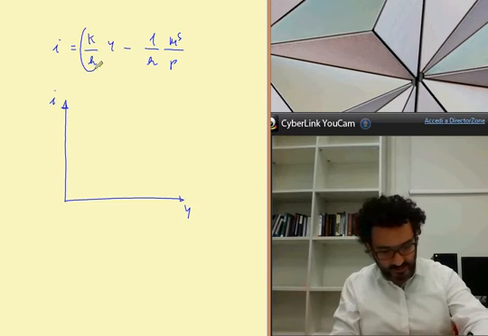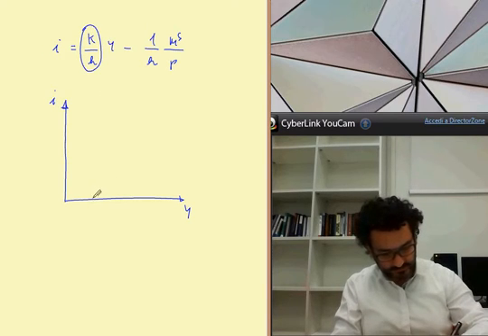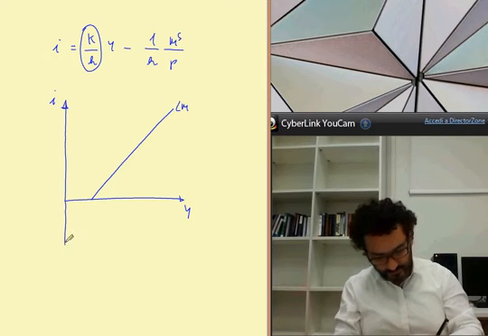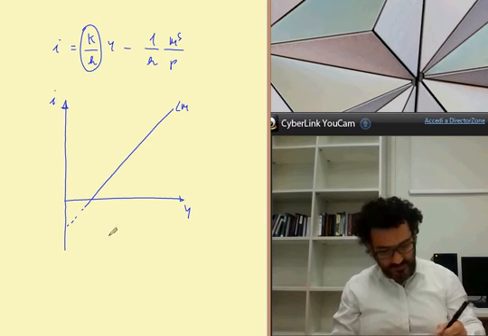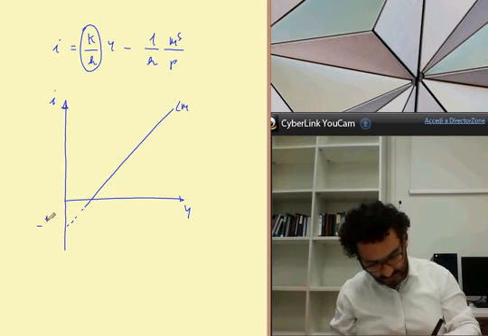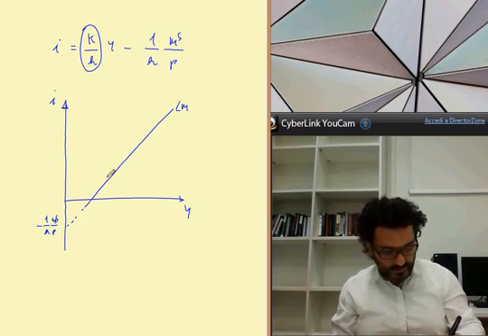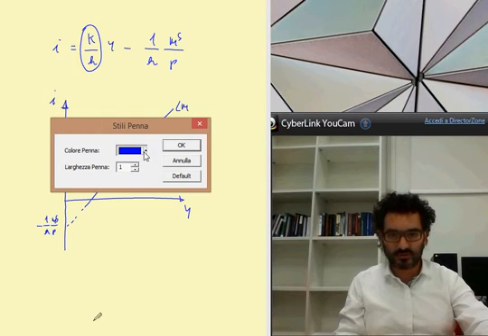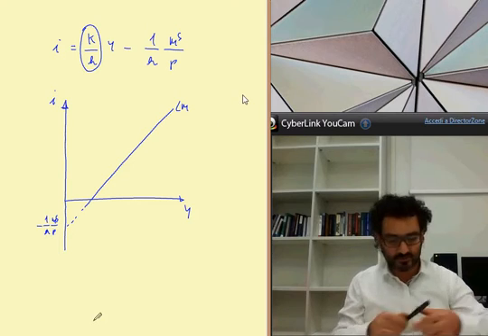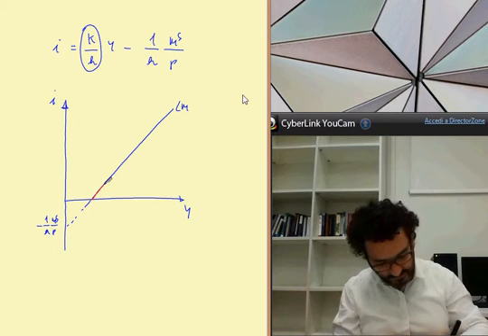This relation has a positive slope, and this is our LM relation. Actually, you have also this part because the intercept is minus 1 over h times the real money stock, but we are interested just in the positive part because we assume that the interest rate in nominal terms is positive.